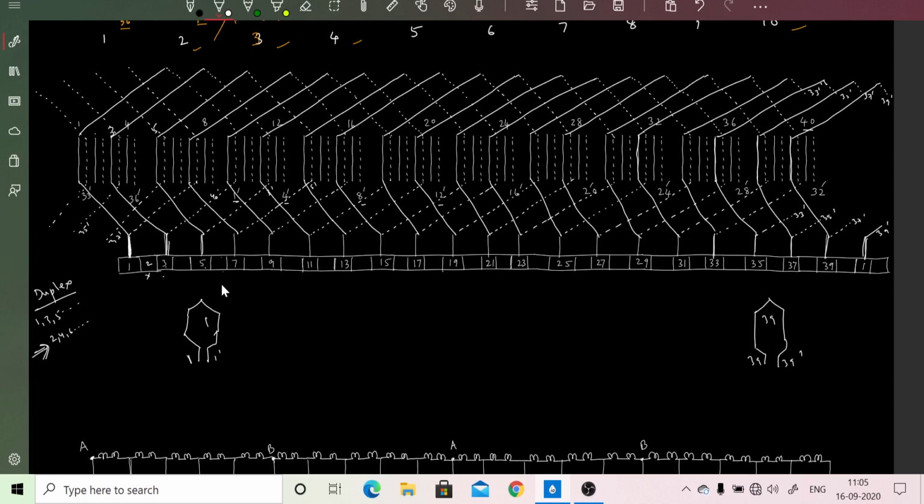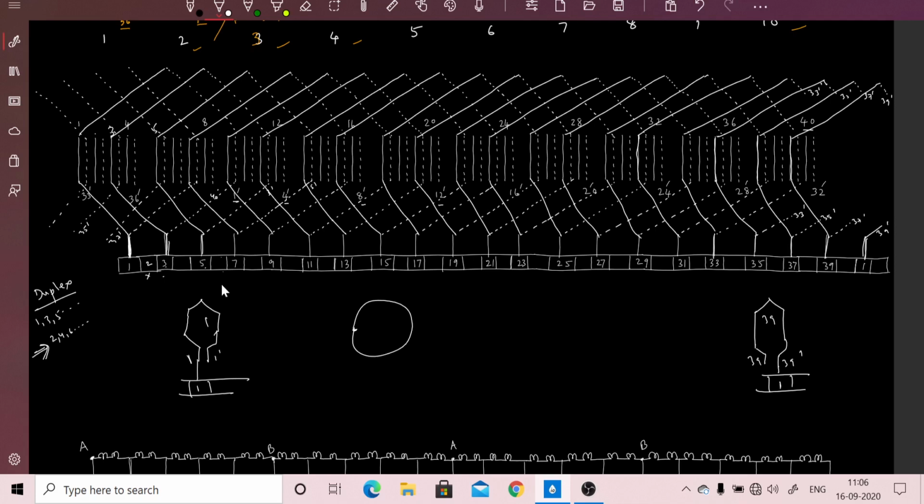So 1 is connected to the first segment, and 39 prime is also connected to the first segment. So that means this is a closed winding. The first winding is a closed winding starting from the first segment and again ending at the first segment.